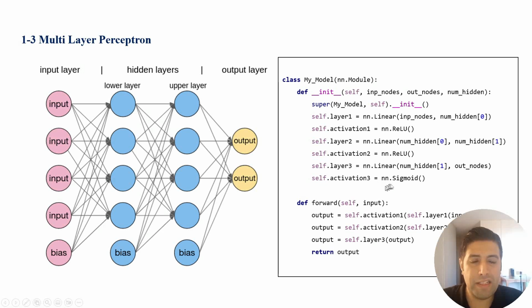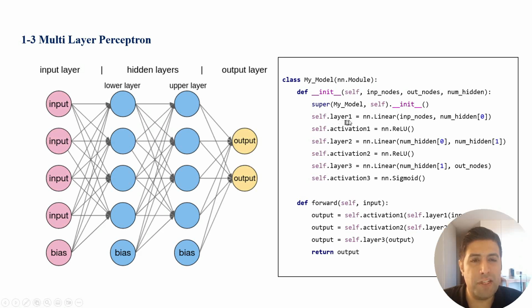And then at the end you can have an activation function, for example a sigmoid function, or you can use no activation function for this part. And as you can see in the forward part, you can just call each of these objects.